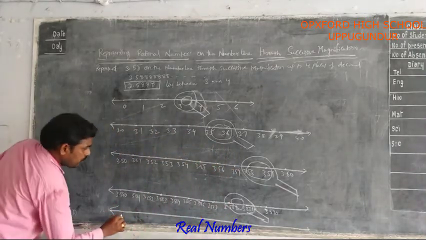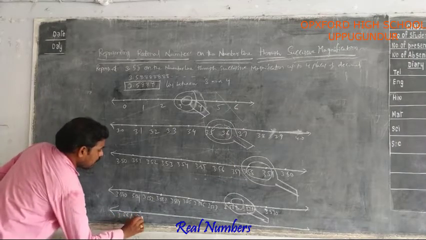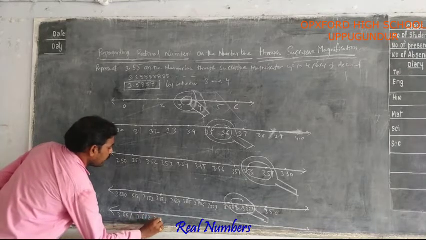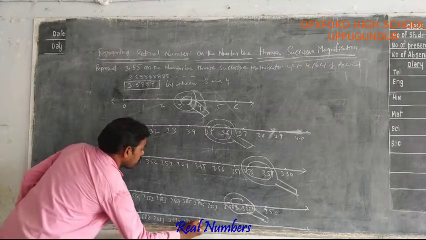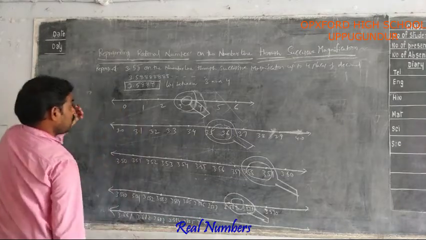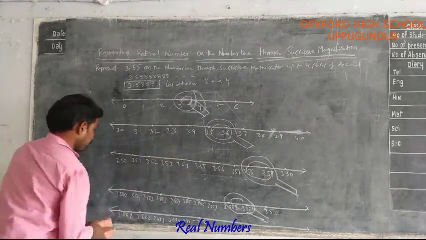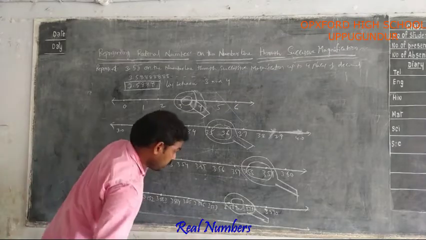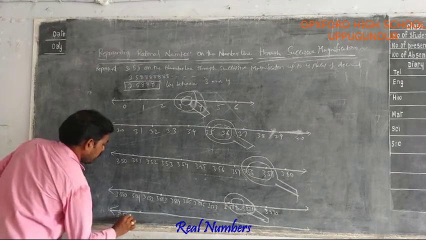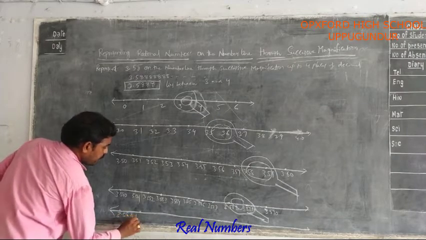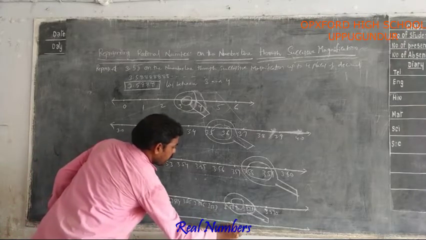So when you represent 3.5881, 3.5882, 3.5883, 3.5884, 3.5885, like this you will get 3.5888.